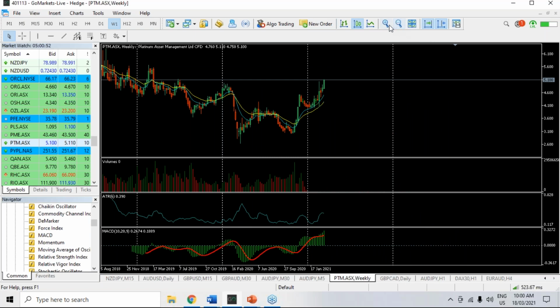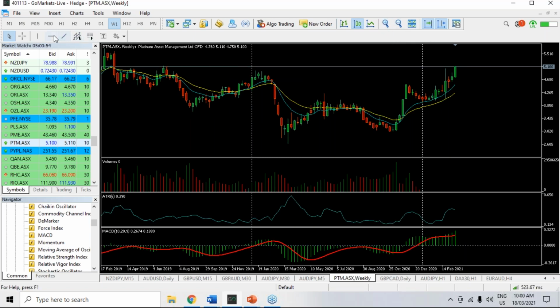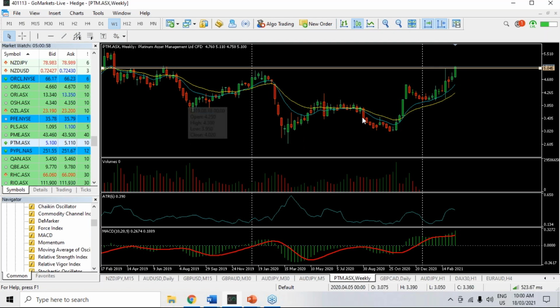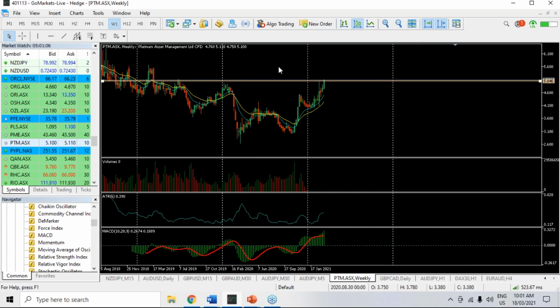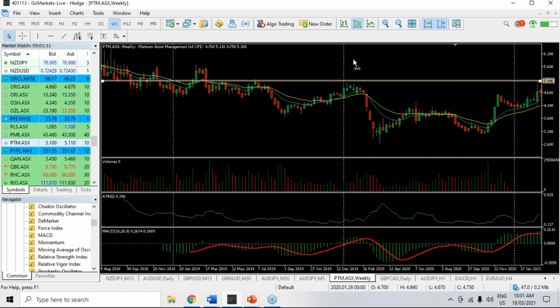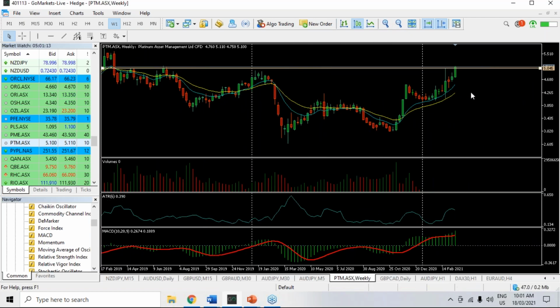But if we take it back on the weekly chart, this level that it's broken through or breaking through right now looks quite important. You can see how it was tested here. It was intraday tested there. So quite a lot of action around this price point.